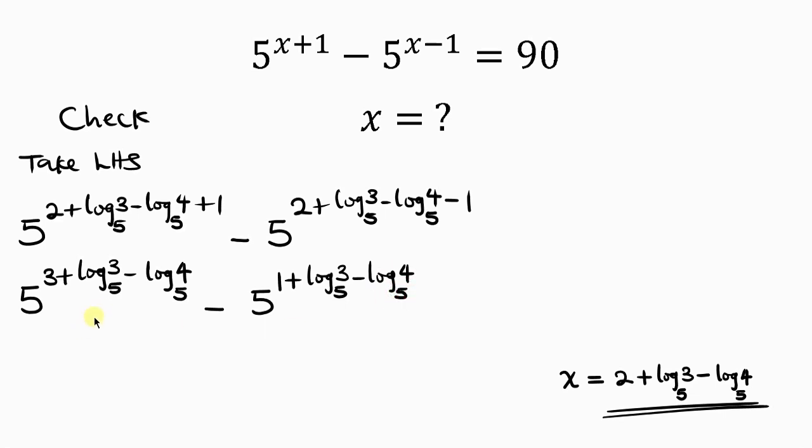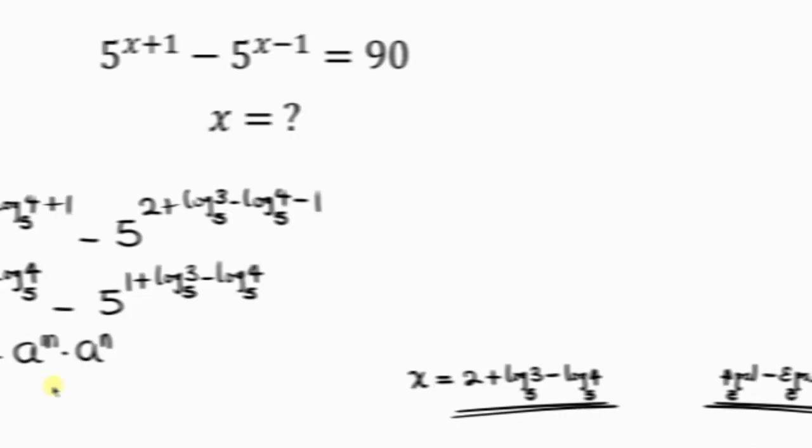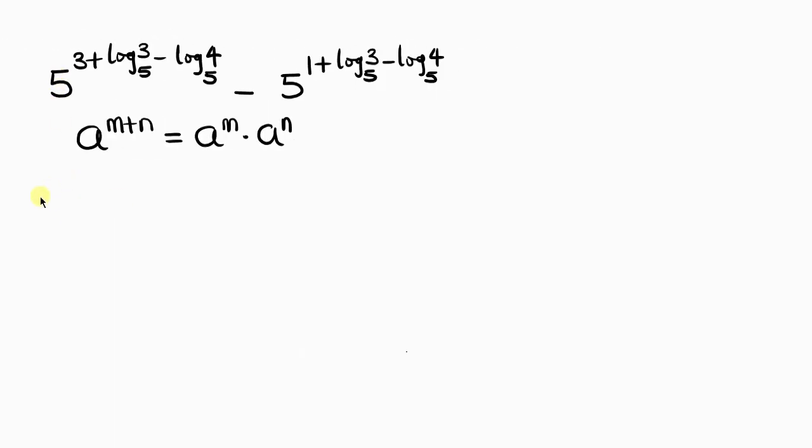Very good. So our next step will be for us to apply the law of indices, which says when I have a to the m plus n, this is the same as a to the m times a to the n. So this becomes 5 to the 3 times 5 to the log 3 base 5.